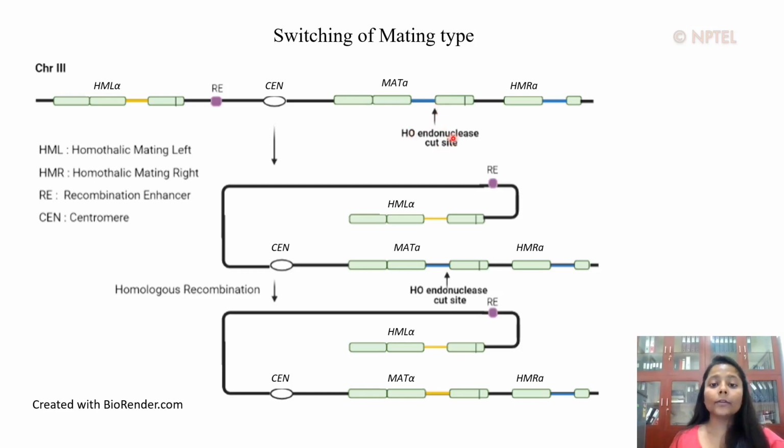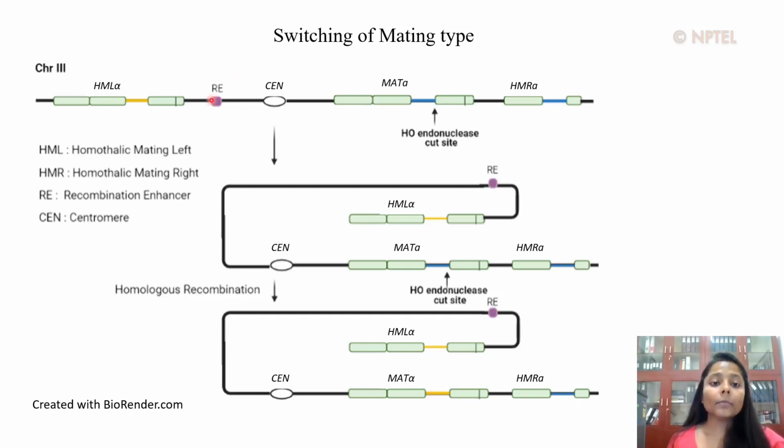The HO endonuclease introduces a double strand break at this site, which is then repaired by homologous recombination, where one of these two transcriptionally silenced loci is used as the DNA donor sequence. After the repair by homologous recombination, the MAT-A allele is now replaced by the MAT-alpha allele.